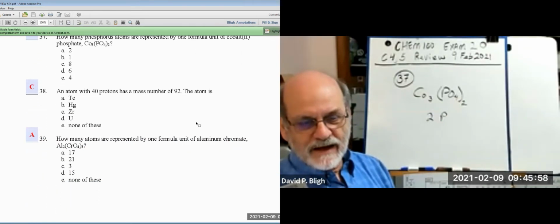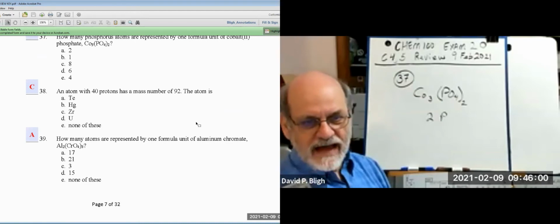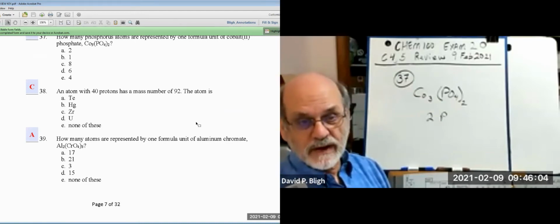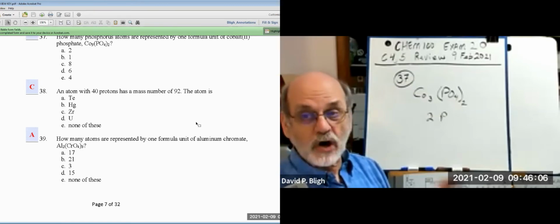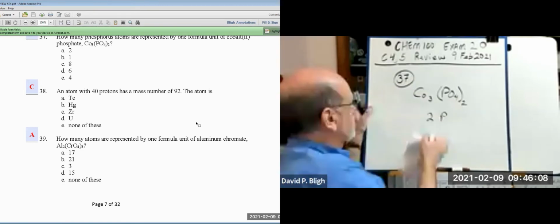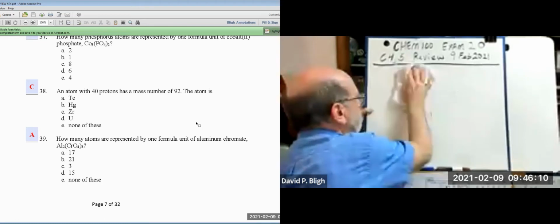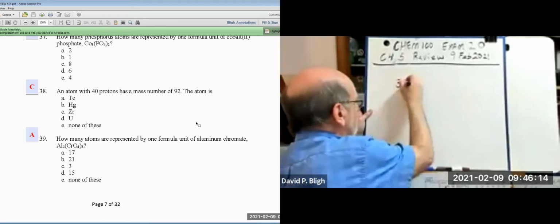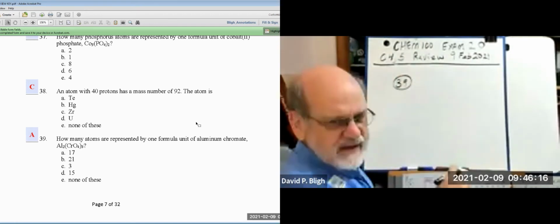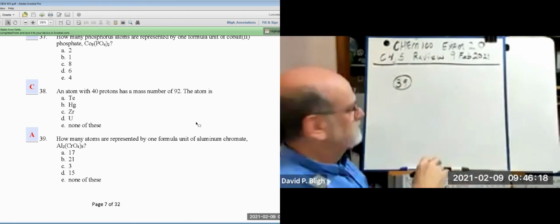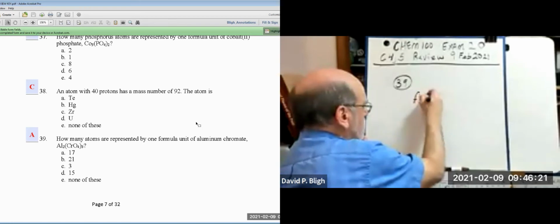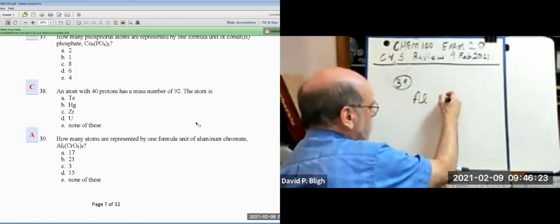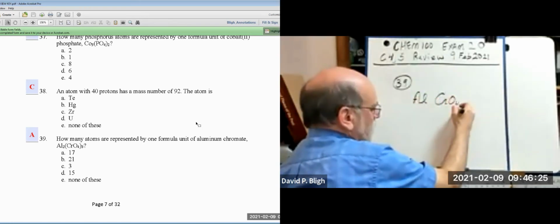How about 39? How many atoms are represented by one formula unit of aluminum chromate? Now this is how many total atoms. Let's see. Aluminum and then chromate has a 2- charge.